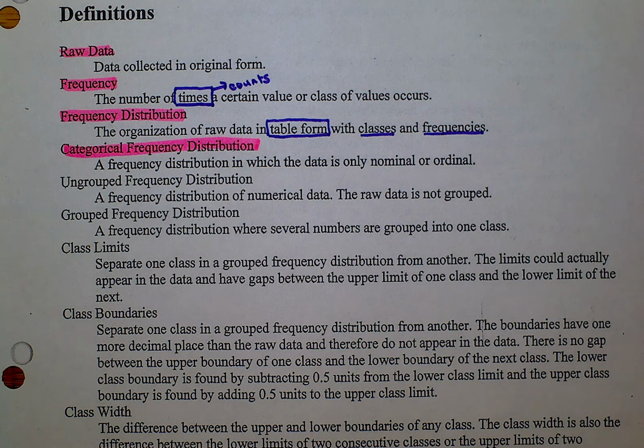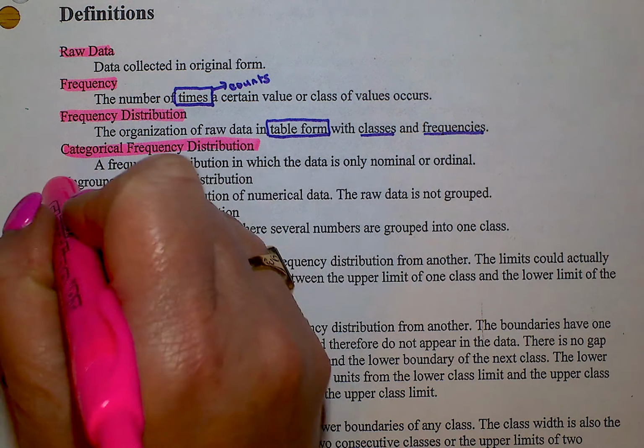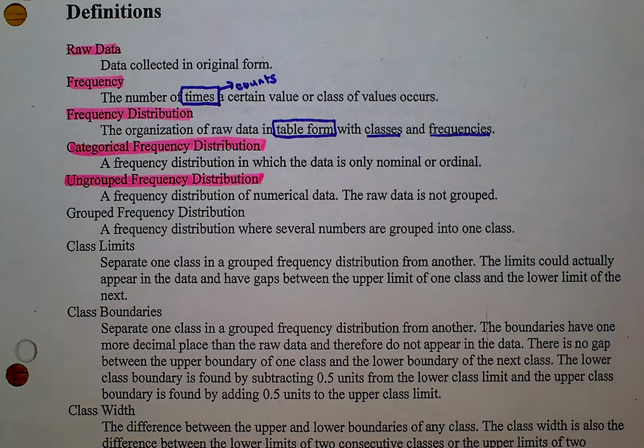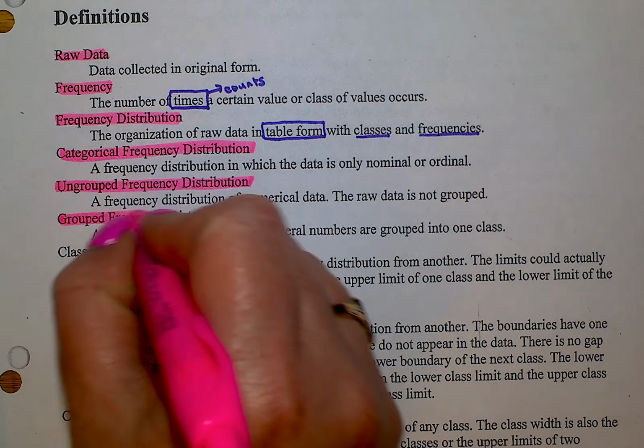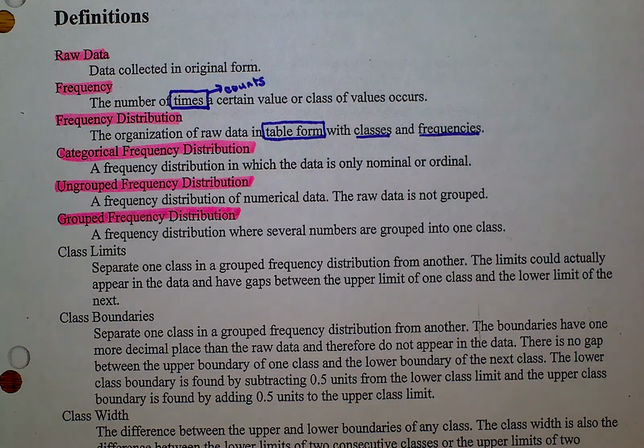That just deals with categories such as names. Ungrouped frequency distribution: that is a frequency distribution of numerical data. The raw data is not grouped. Grouped frequency distribution: a frequency distribution where several numbers are grouped into one class.